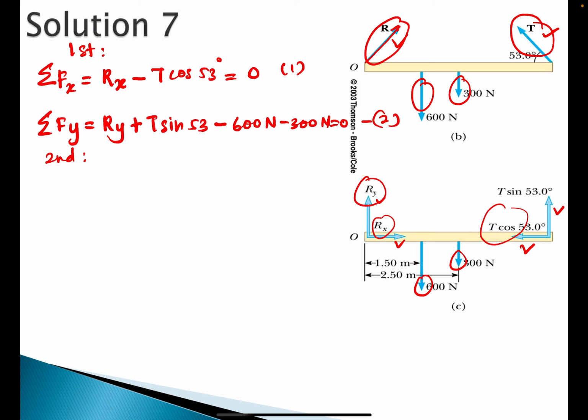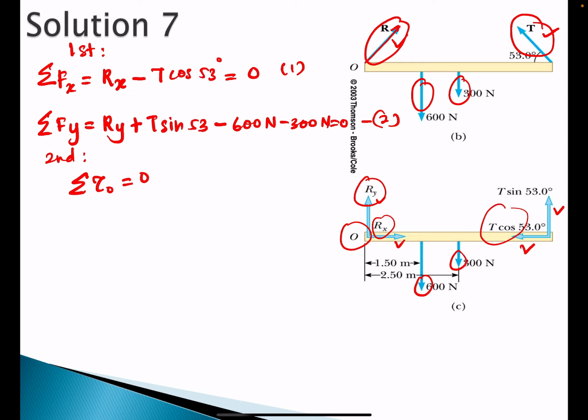So you take any point, here we take point O. The sum of torques about any axis must be 0. So I choose the pivot O. So sigma torque at O equals 0. So we look at the forces one by one.